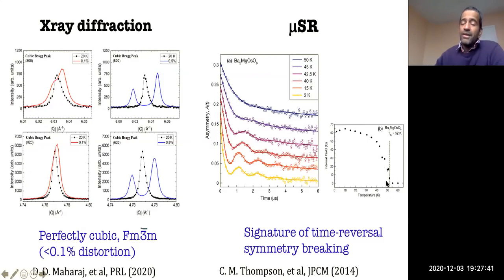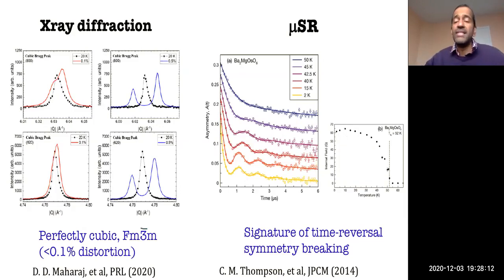Okay. So the first thought that the experimentalists had when they did these experiments about 5-6 years ago was, we have detected dipole order, because if the system has dipole order, it would have time reversal symmetry breaking. And so this phase transition at 50 Kelvin is associated with the electron dipole moment. But in fact, that cannot be the case.